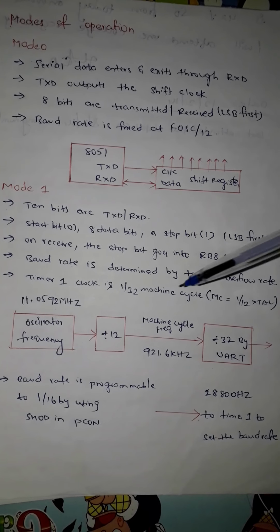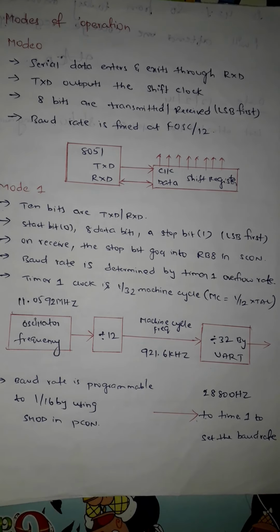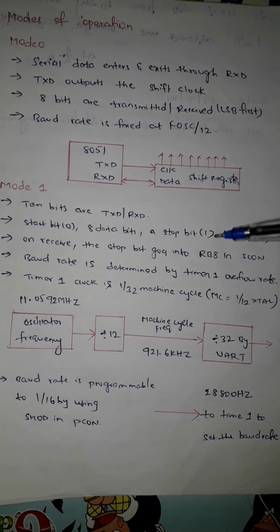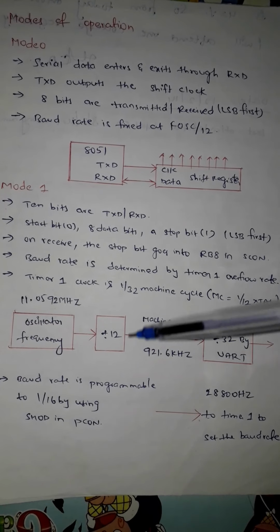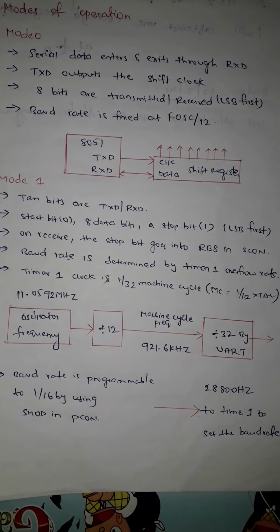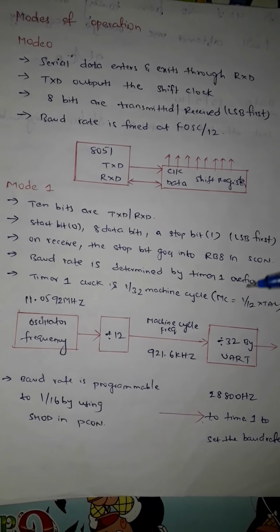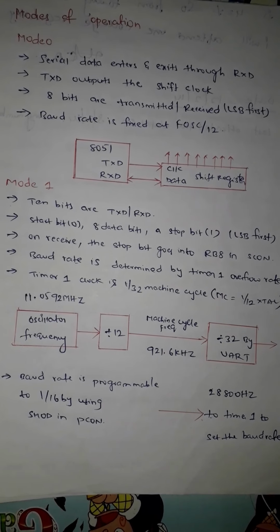The baud rate is determined by the timer 1 overflow rate, and the timer 1 clock is programmable: it can be 1/32 or 1/16 of the machine cycle. You can select this using the SMOD bit in the PCON register.